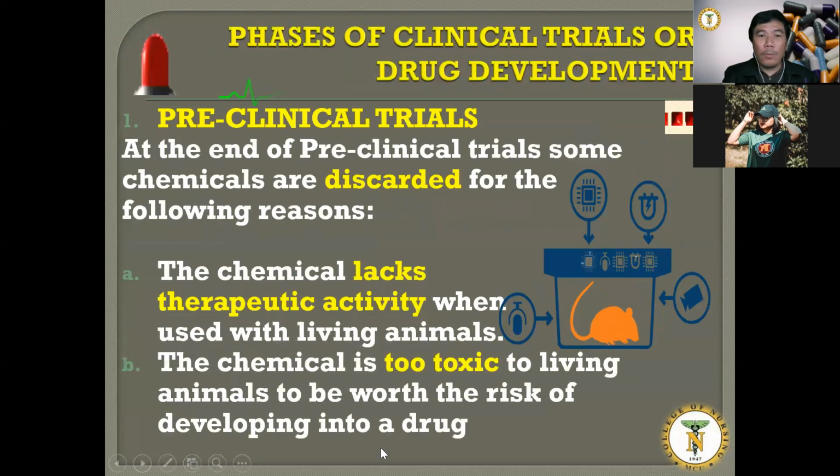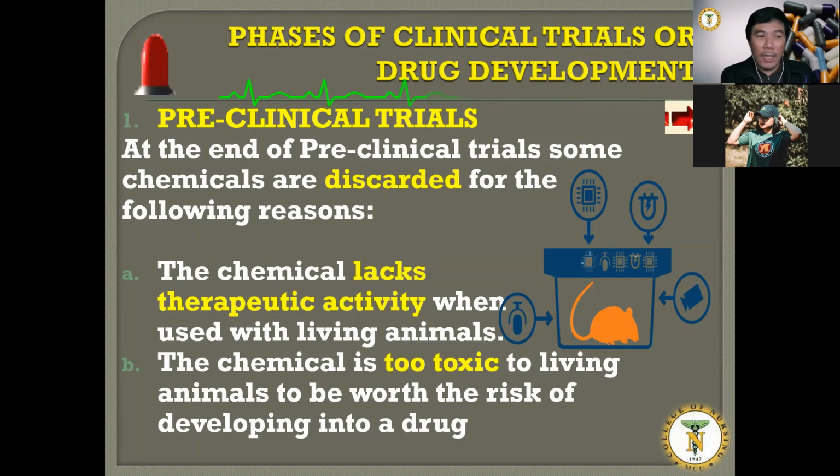Now, when we talk about preclinical trials, usually some of them are discarded, meaning they may not push through to clinical trial 1, because of two reasons. First, for example, if the drug being tested is to lower blood sugar, since this is experimental, they will identify the blood sugar of the laboratory animals and have the baseline blood sugar level.